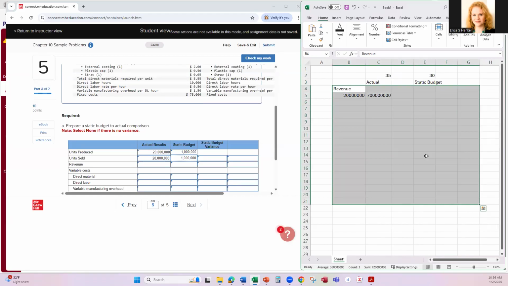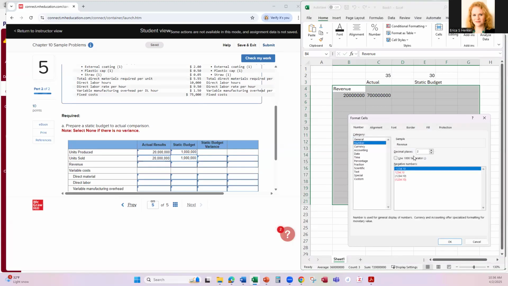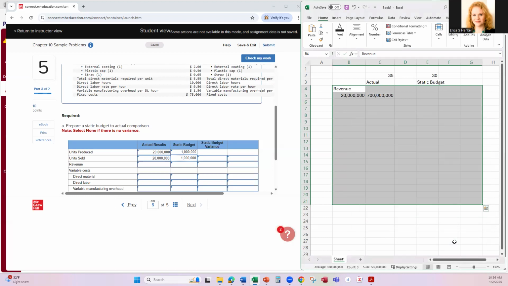Let's put some commas in here so we can actually read the numbers. All of these are going to be whole dollar amounts.